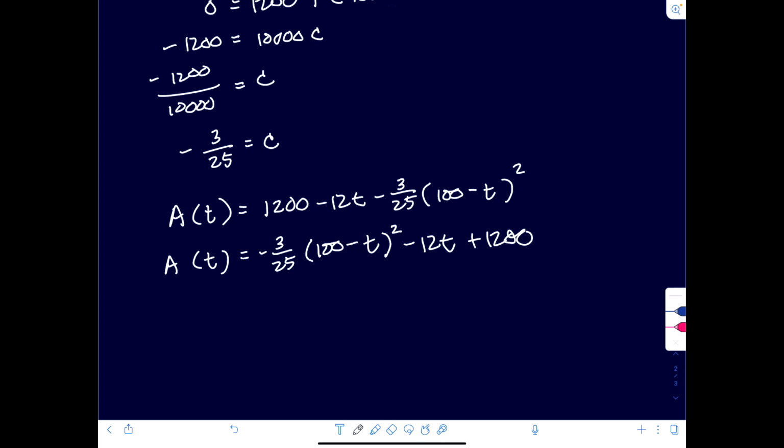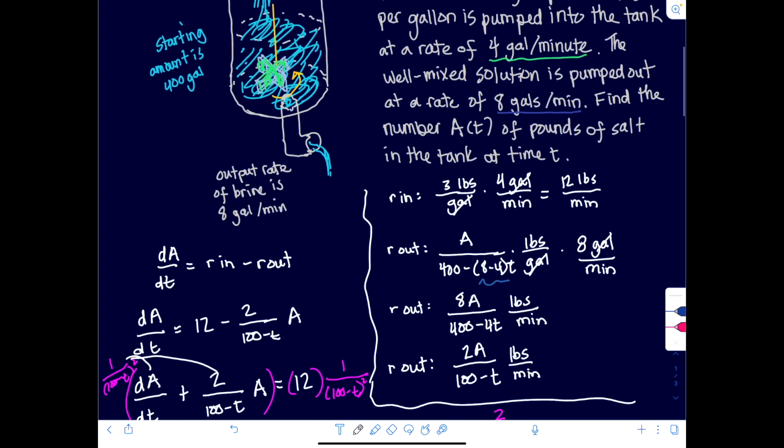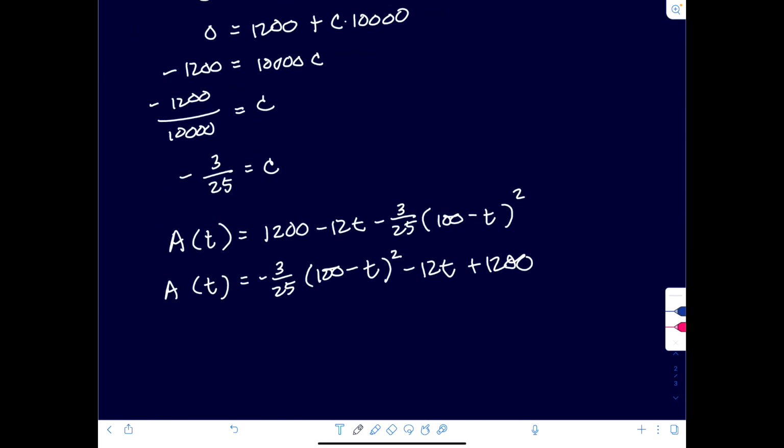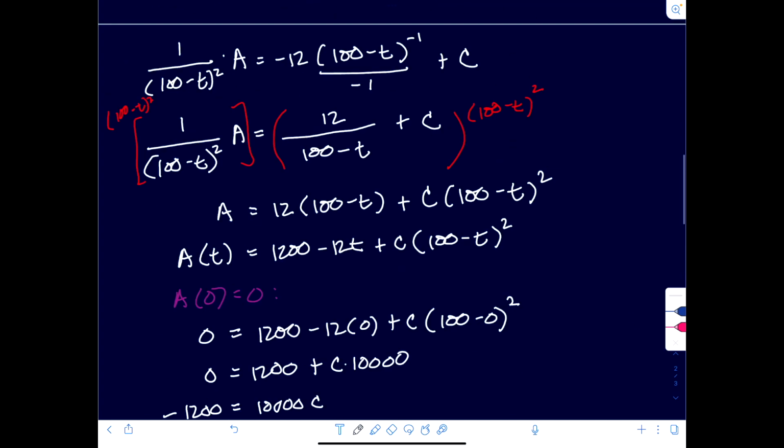They might have also asked how long, in minutes, it will take for the tank to be empty after this process starts. So this is, just so you know, in pounds of salt. If you go all the way back here, R out is 100 minus t, and 2A over 100 minus t.